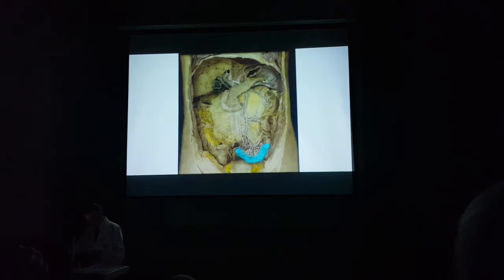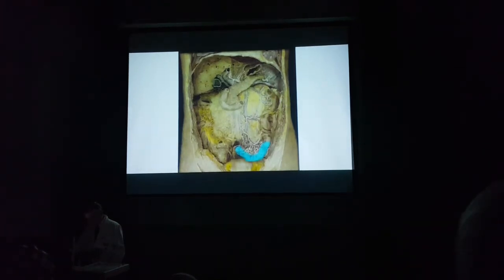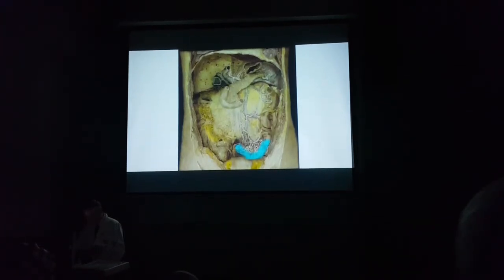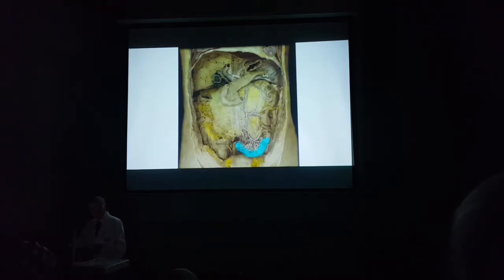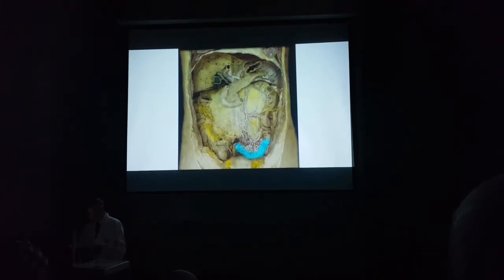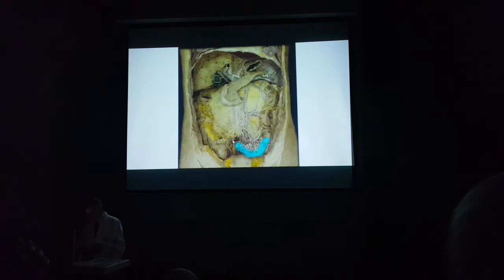Which organ is this? The lower part of the large intestine on the left is the sigmoid colon, and it also has a mesentery with the blood vessels.